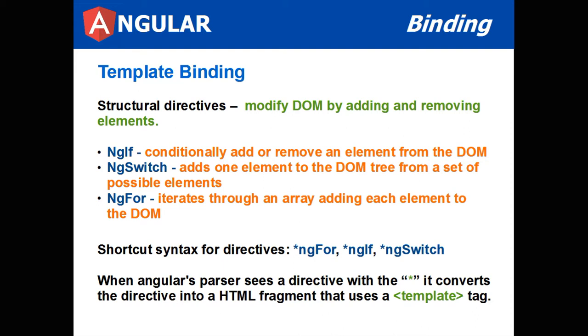So we have shortcut syntax for the directives: star ngFor, star ngIf, star ngSwitch. When the Angular parser sees a directive with the star, it converts the directive into an HTML fragment that uses a template tag.